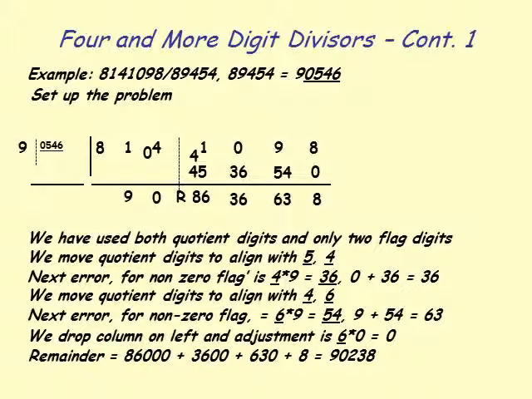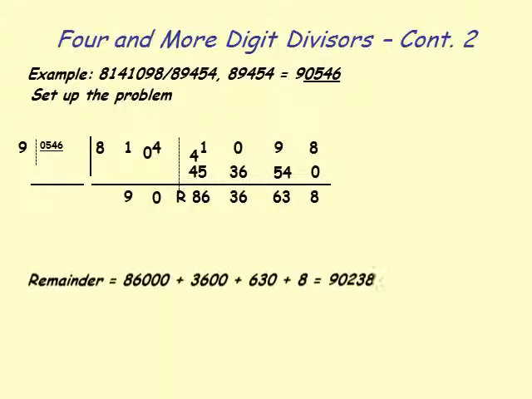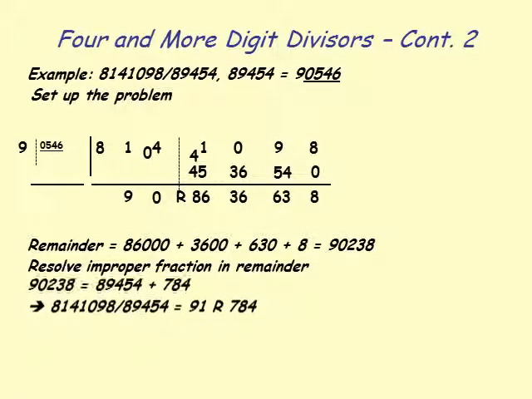Okay. Let's continue. Okay, this is set up so far. Let's continue here. Remainder is, we had 90238, and that would give me an improper fraction. 90238 is more than 89,454. And 90238 in fact is equal to 89,454 plus 784.